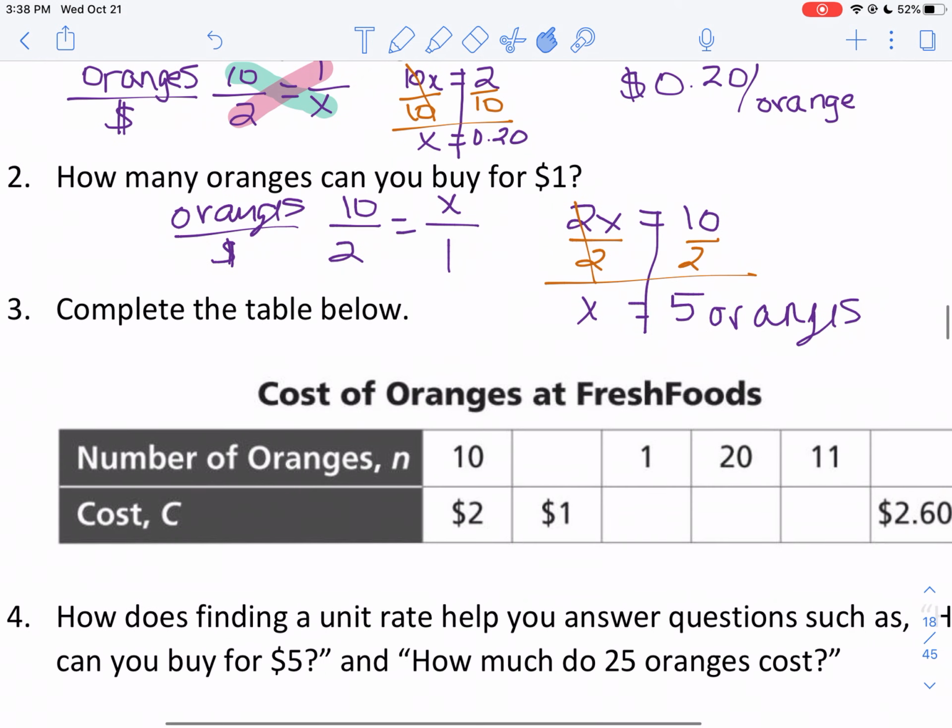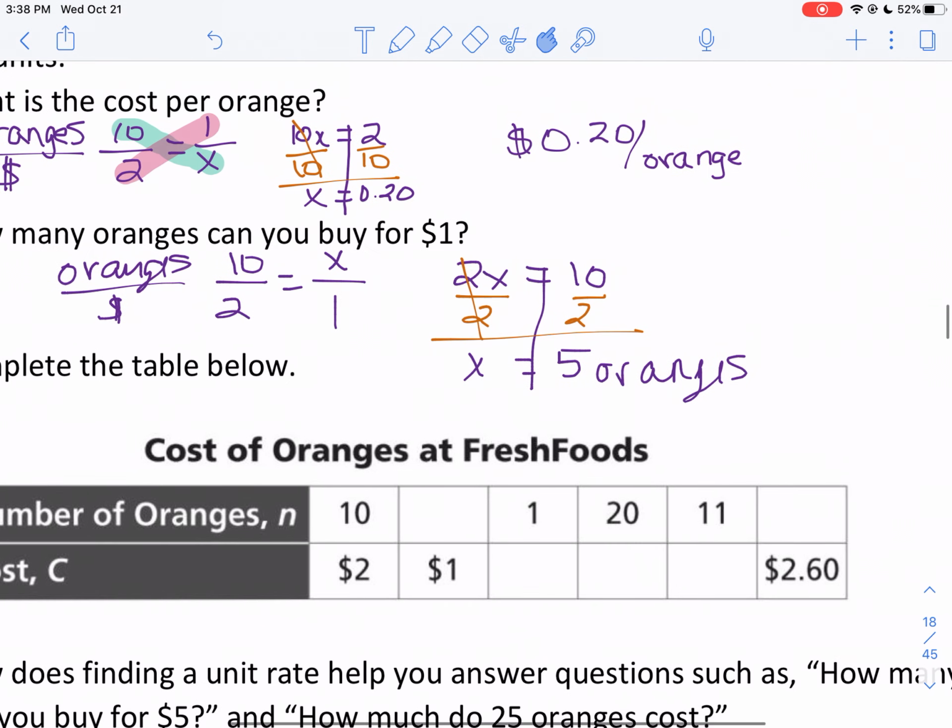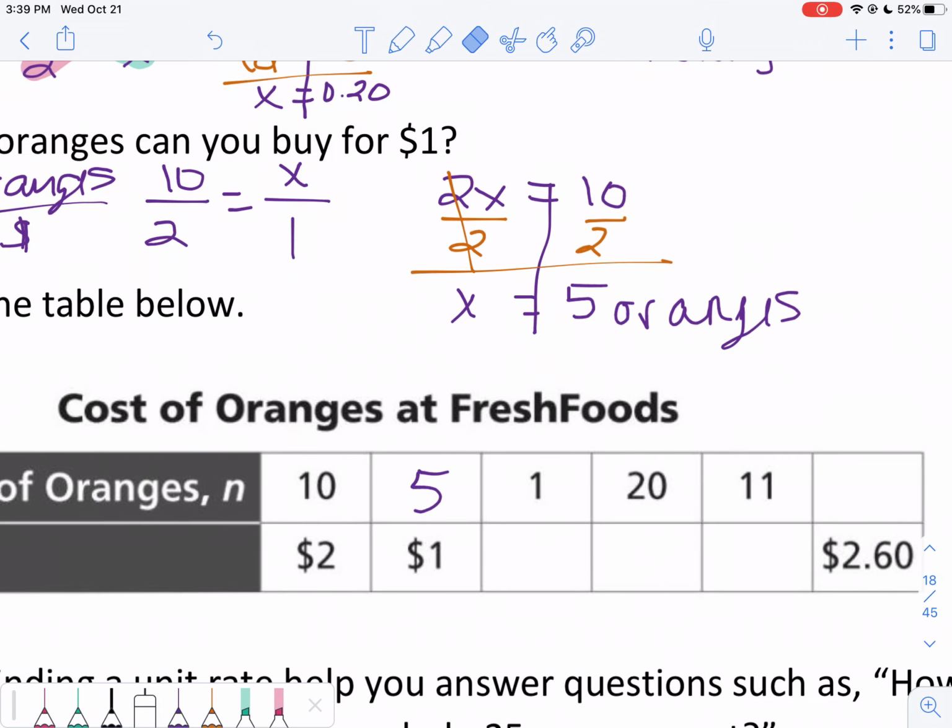Alright, the next one, complete the table below. Well, 10 oranges for $2. So $1, we just found that, is 5 oranges. 1 orange costs 20 cents.